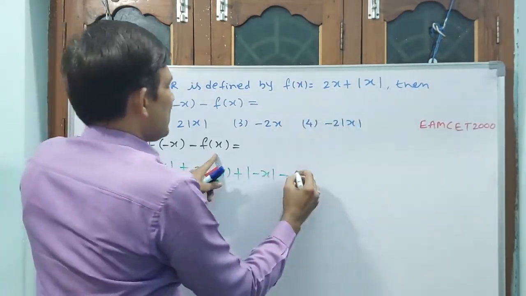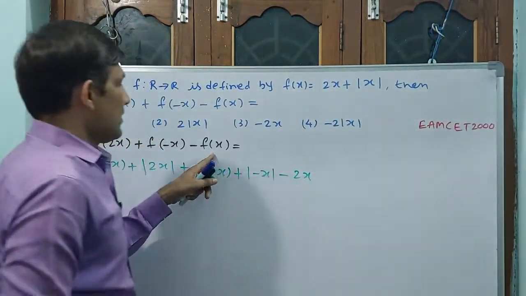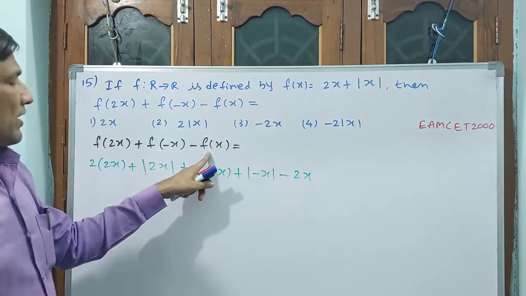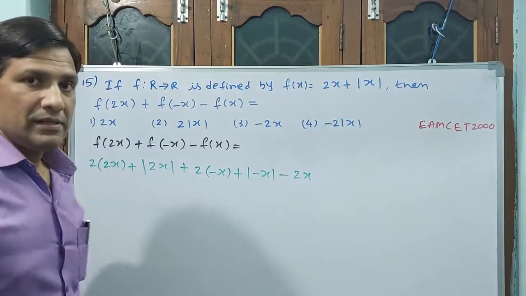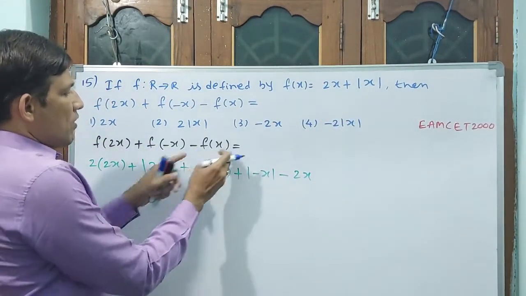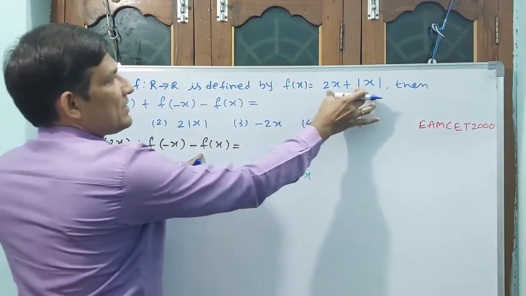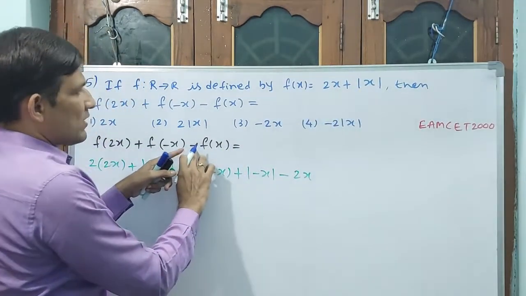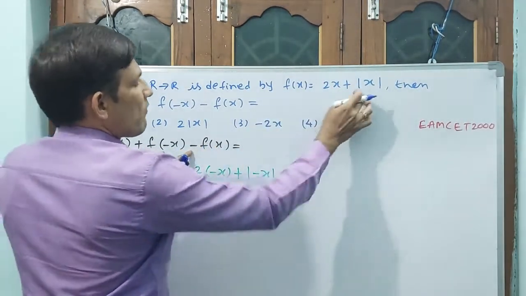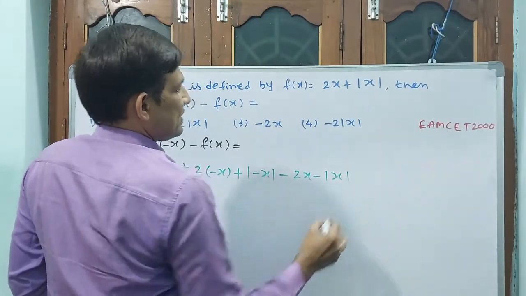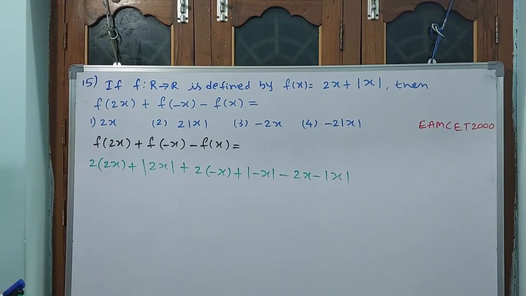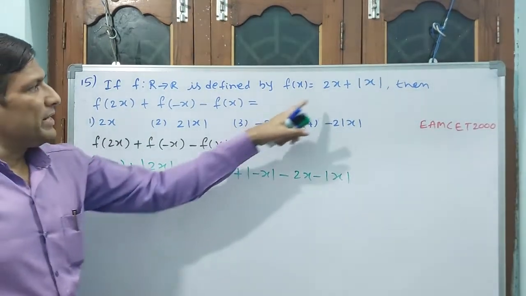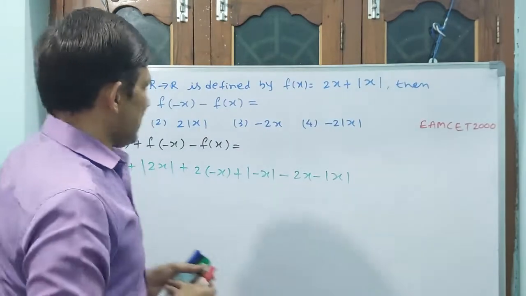Don't forget, minus of f of x means completely minus: minus of 2x minus of modulus x. Understand this, or else you are not going to get the answer. Minus of f of x means completely minus 2x minus modulus x.